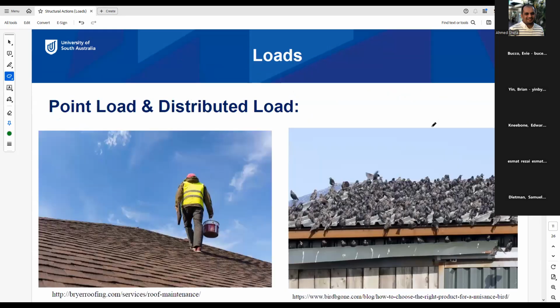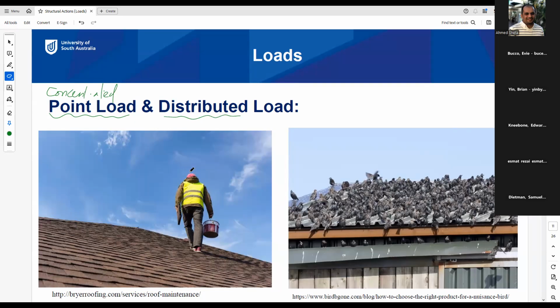Okay, and now we need to go through the loads to know the different forms of loads we can have on a structure. As you can see, we have two main types of loads. We have point load, which in other cases can be named concentrated load, and also distributed load.